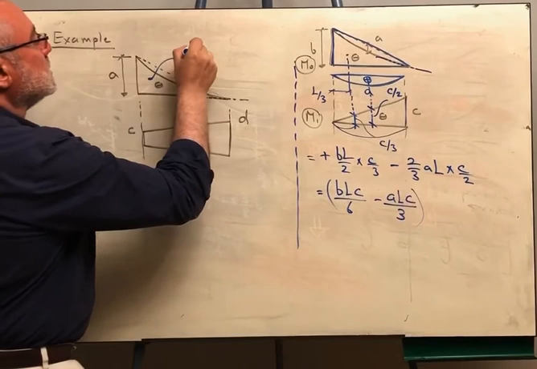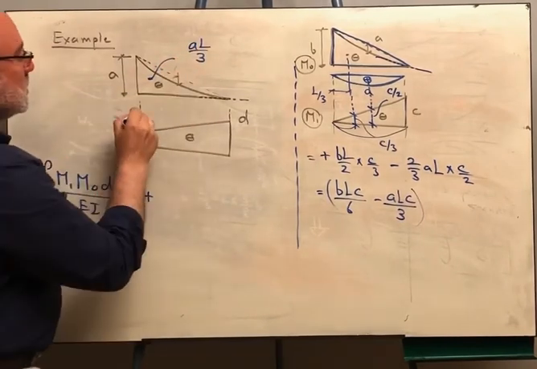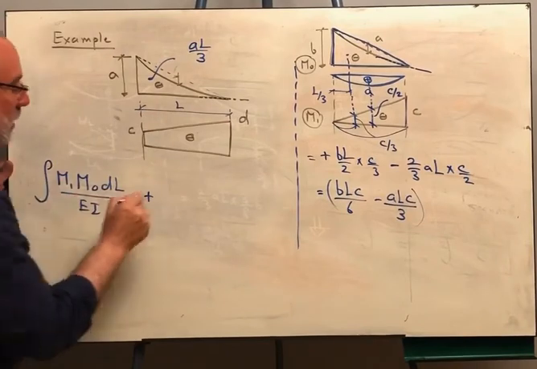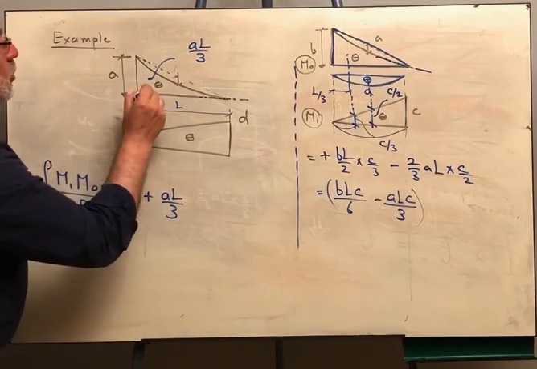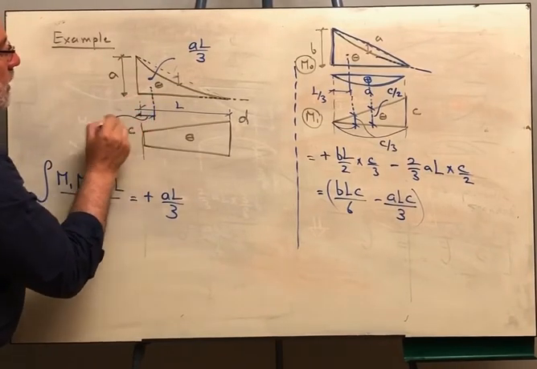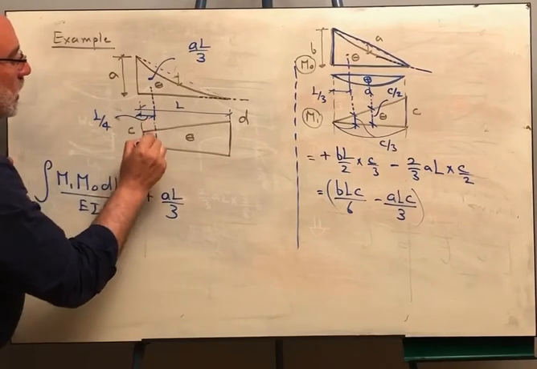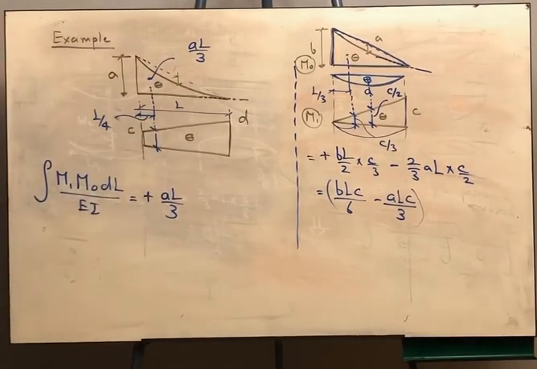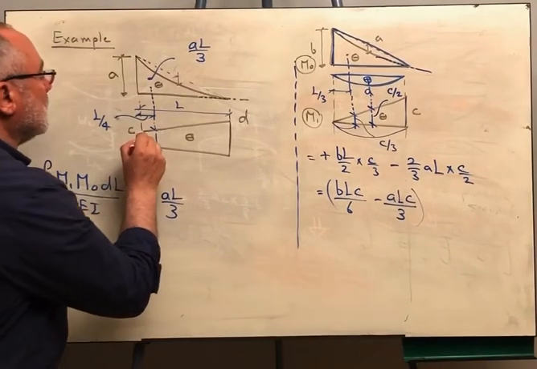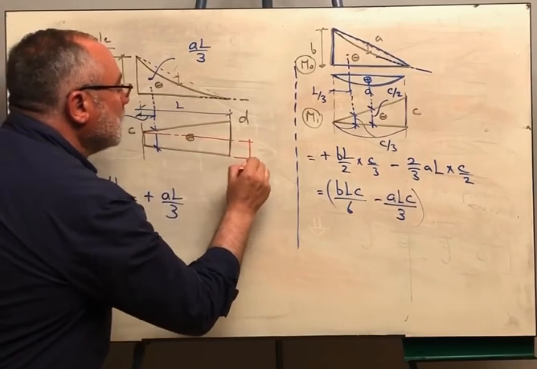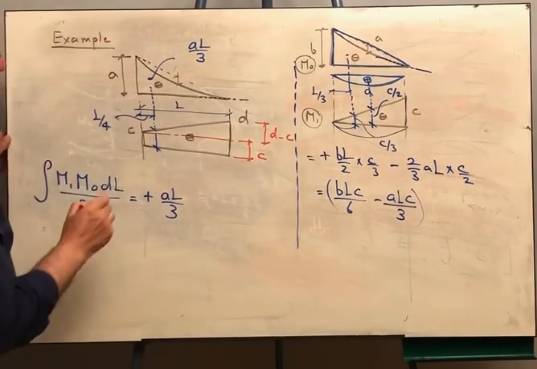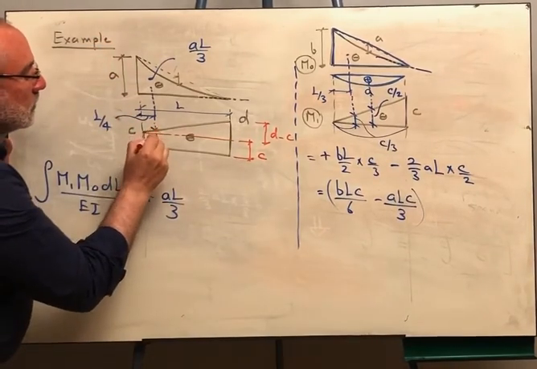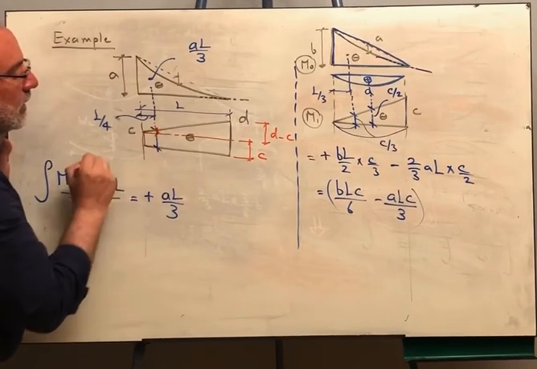I will start with the area of that one. The area is AL over 3. Of course, this distance here is L. Where is the centroid? If you recall, the centroid will be at a distance of L over 4. So I want to get this respective ordinate. How can I do this? If you take a line here, this value is C, and this value must be D minus C. So this ordinate here will be this small magnitude, and we can get this by similarity.